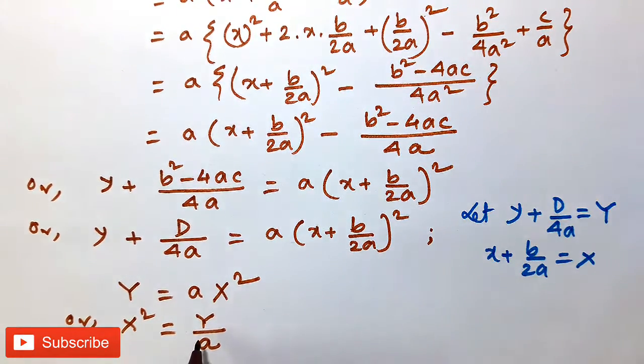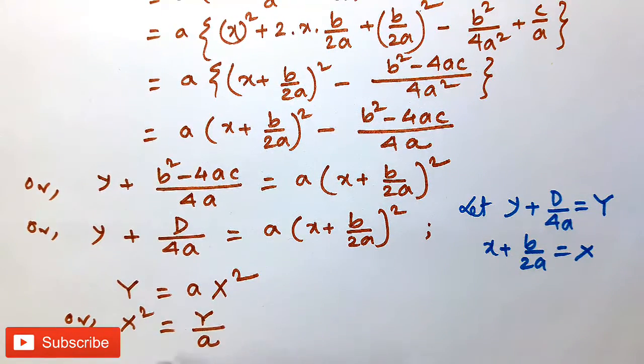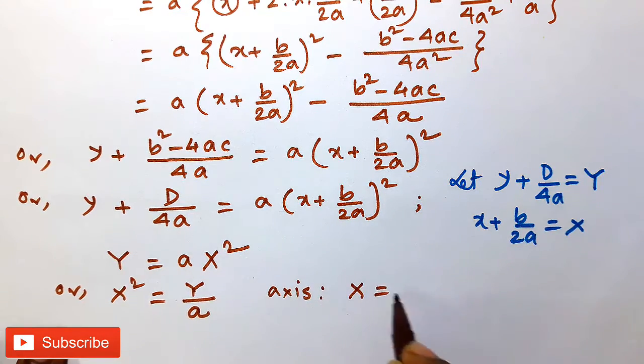So the shape of this curve y is equal to f(x) is parabolic, because this is an equation of parabola. Here the axis of this parabola is capital X is equal to 0. What is the axis? Axis of this parabola is X is equal to 0.